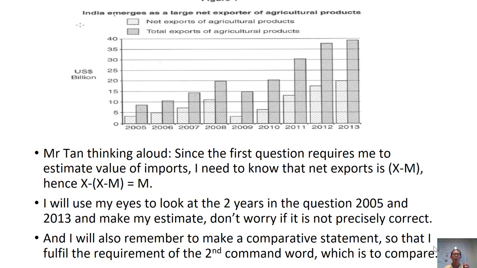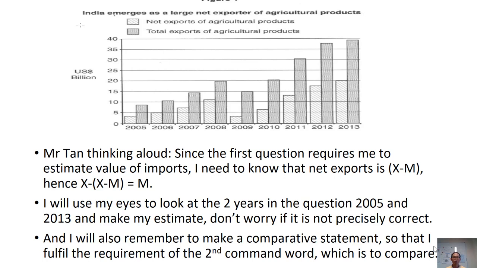That's why the question says estimate. Okay, they are aware that not all of us, our eyes are that great, so there may be some parallax error, but don't worry. So zero in on 2005 and 2013, okay, get the estimated value based on the y-axis, and then you make your estimate. Don't worry if it is not precisely correct.